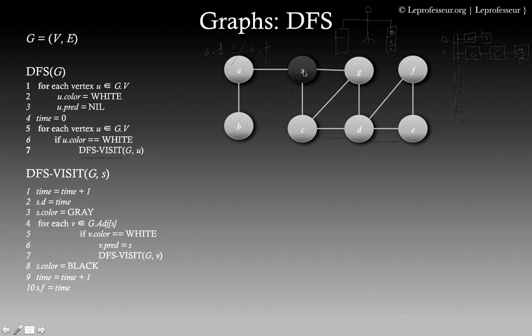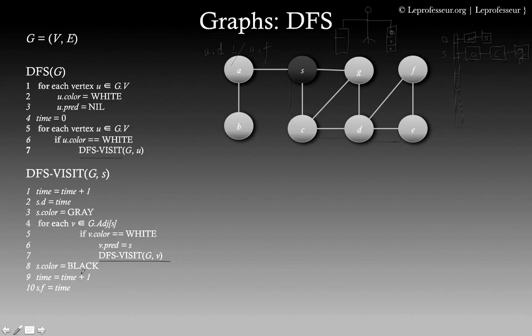Then for each v adjacent to this source vertex S, we apply recursively the same DFS visit algorithm, only if that vertex is white, meaning we have not explored that vertex. So that's the basic idea of this algorithm.